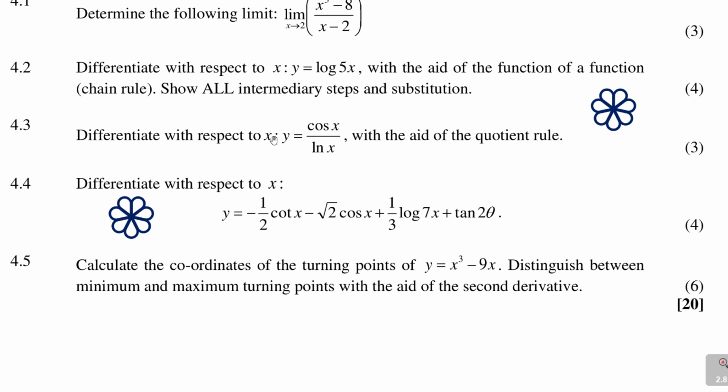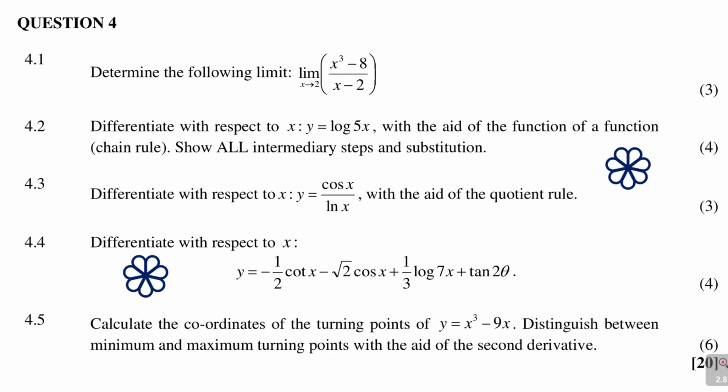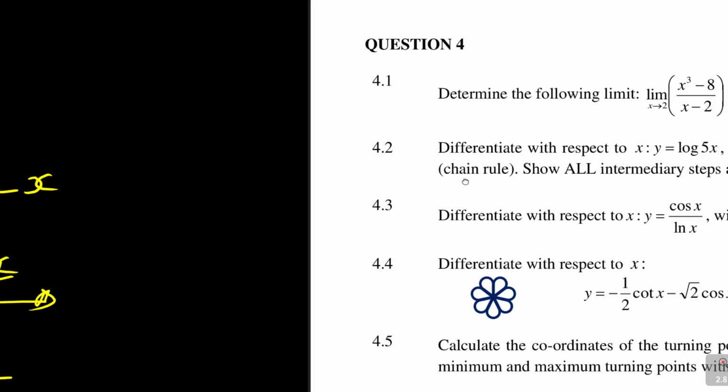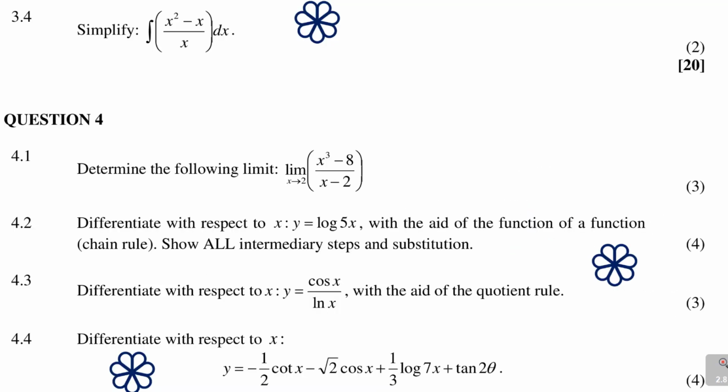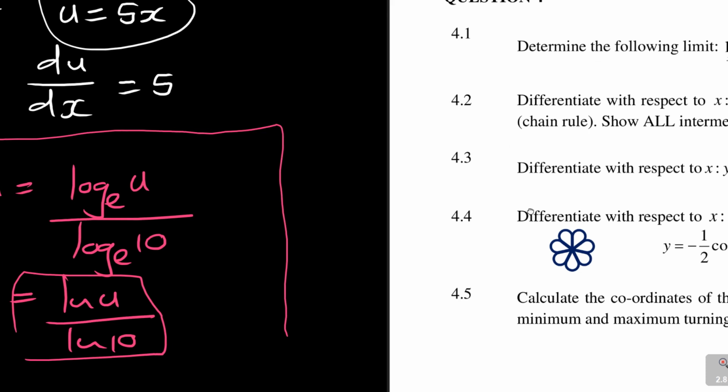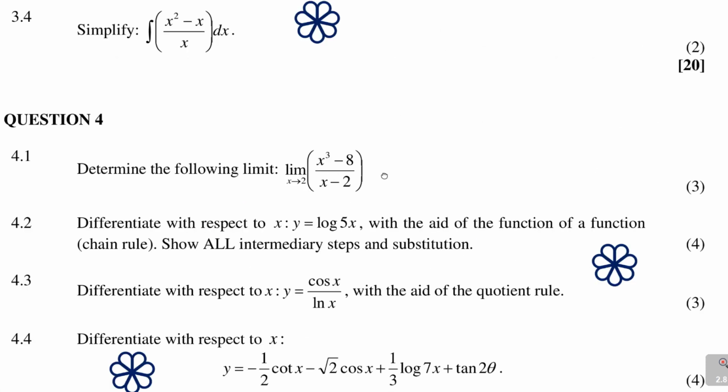Differentiate with respect to x, y is equal to cos x over ln x, with the aid of a quotient rule. Now when they're talking about a quotient rule, let's look at this one.